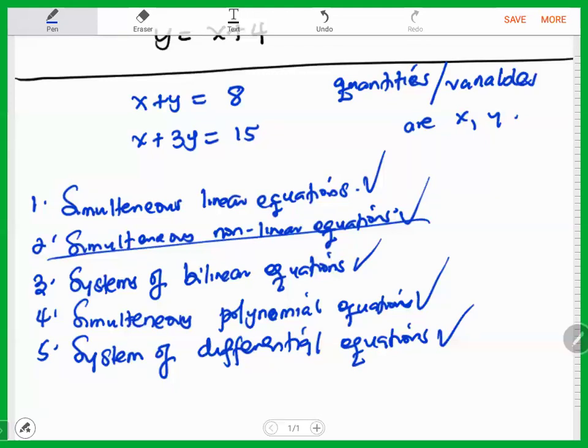And then we have those bilinear, sometimes we are actually looking at those whose degree is a 2 and it is a quadratic. So at the same time, we are going to look at solving quadratic equations, and you're going to look at each of these. And then systems of differential equations under calculus, we shall be looking at those equations.